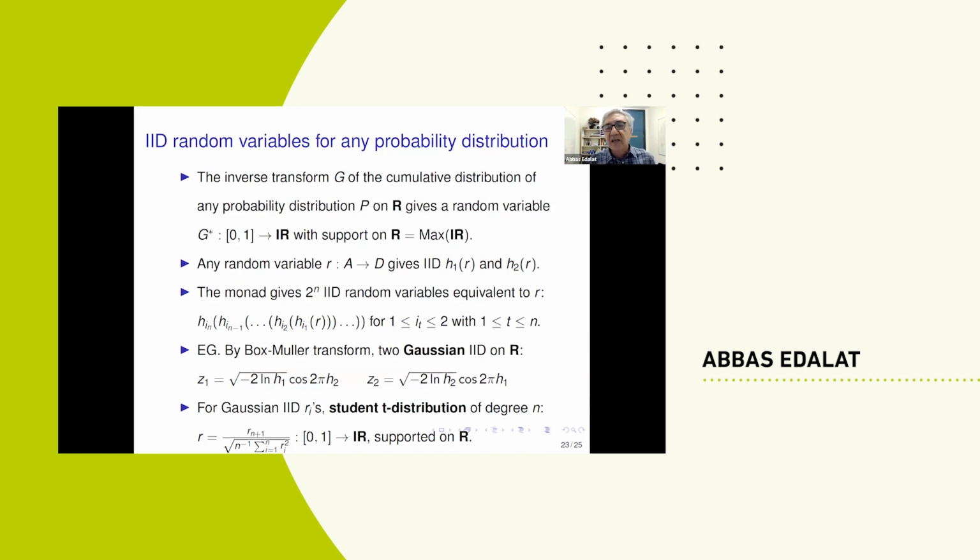So the monad gives us a way of constructing independent samples from a random variable with the same probability distribution.